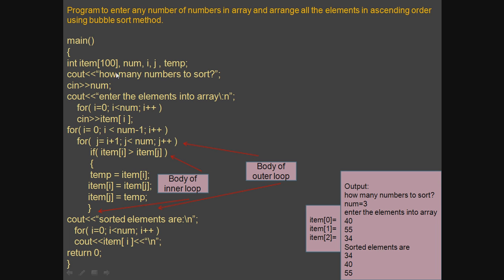So if the data value entered is 3, we are entering 3 values, so that variable num will be used in the for loop to stop the for loop, to come out of the for loop. That's why here you can see in the for loop, after the command prompt, enter the elements into the array, for I equals 0, I is less than num, right?